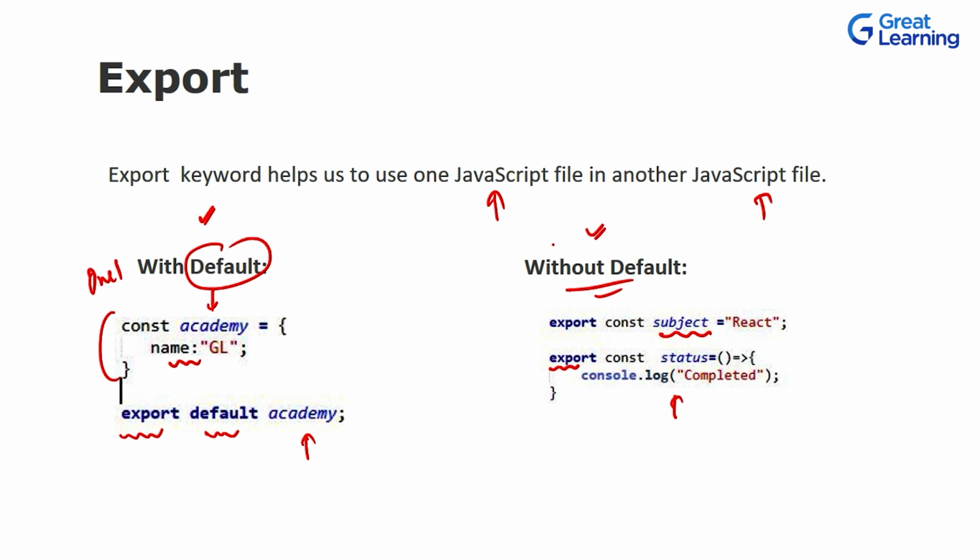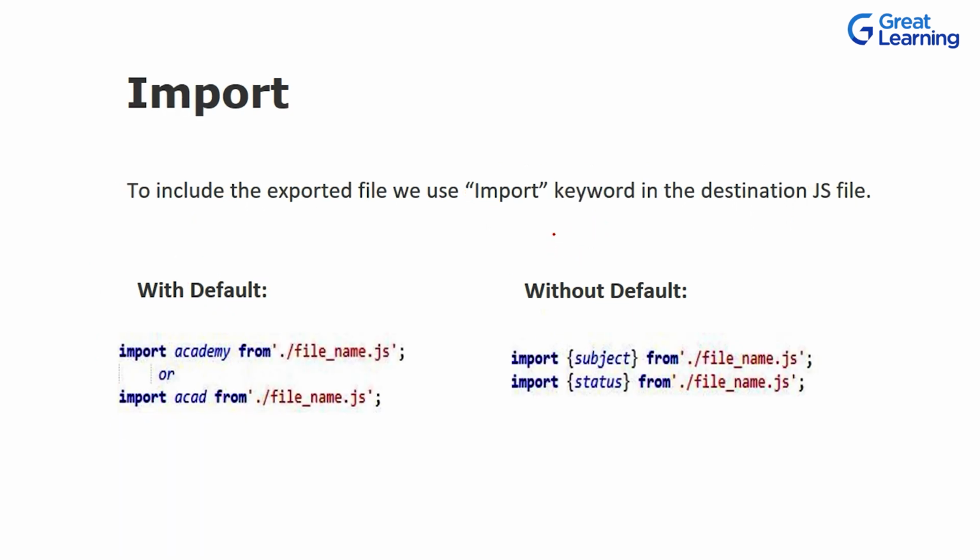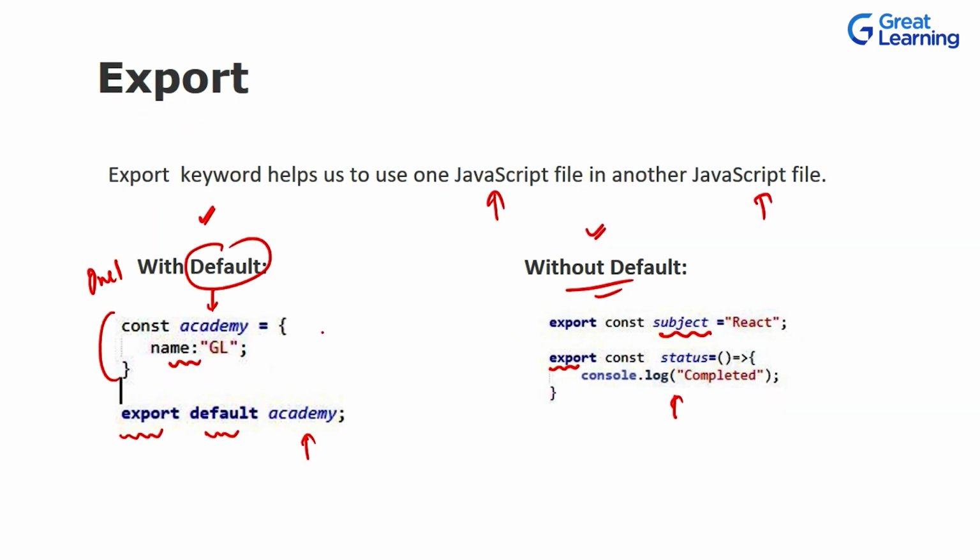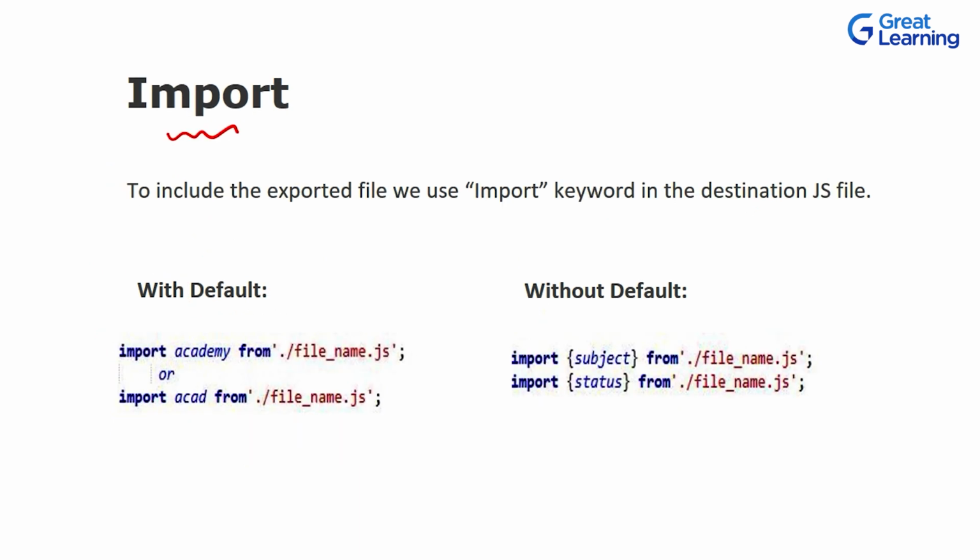Now this is about exporting. How are you going to use it? For that we have another keyword known as import. When we used default over here, at that time we can either go for the same name or a different name. Obviously, we have to use the import keyword and the name of the variable.